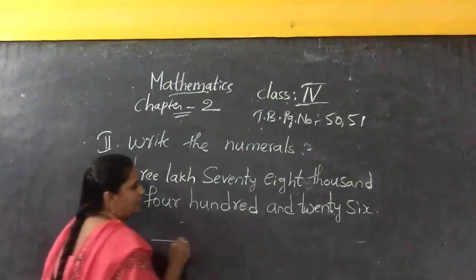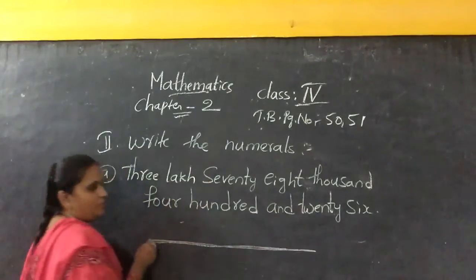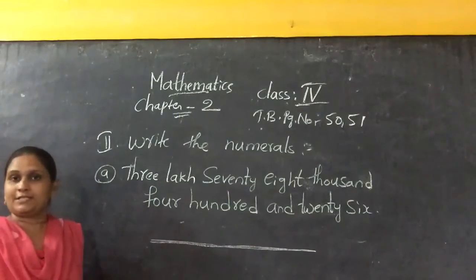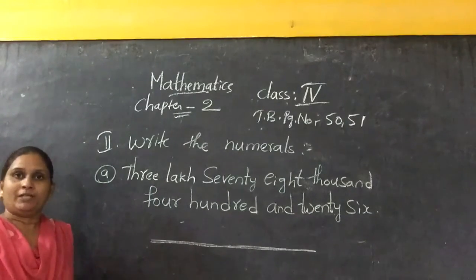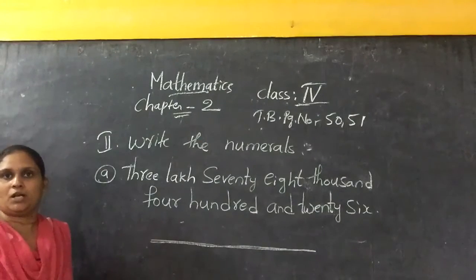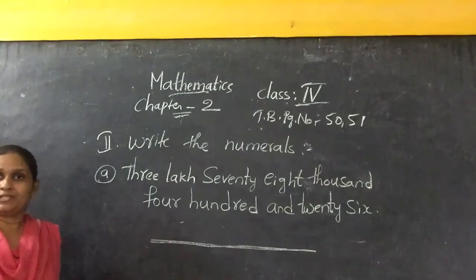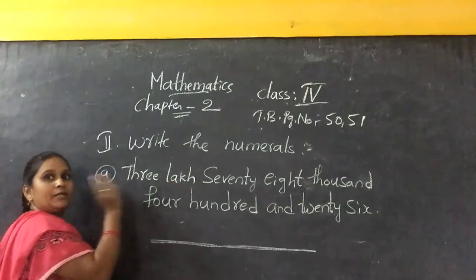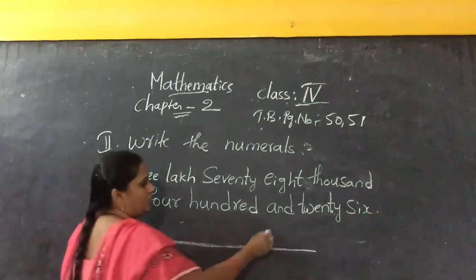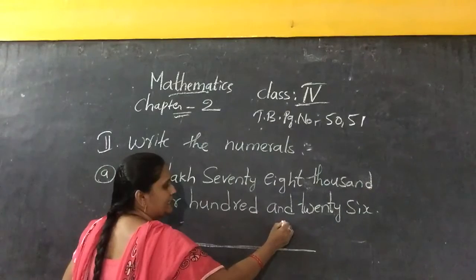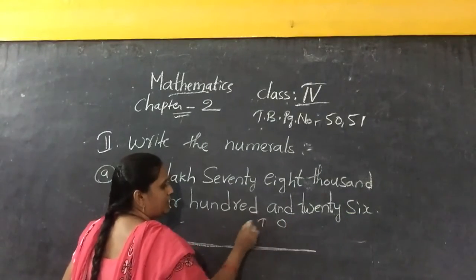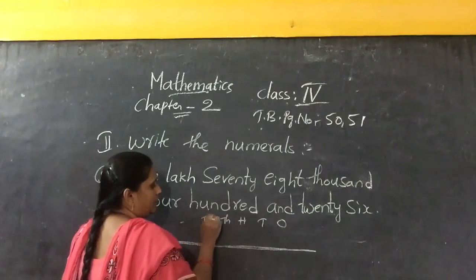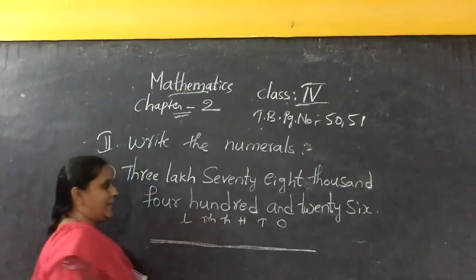Now how to convert into numeric form? First step: we must write the place values till the lakhs place. Right now start writing from the right side: ones, tens, hundreds, thousands, 10,000 and lakh.